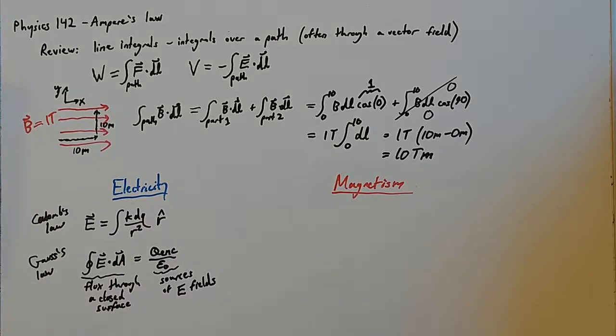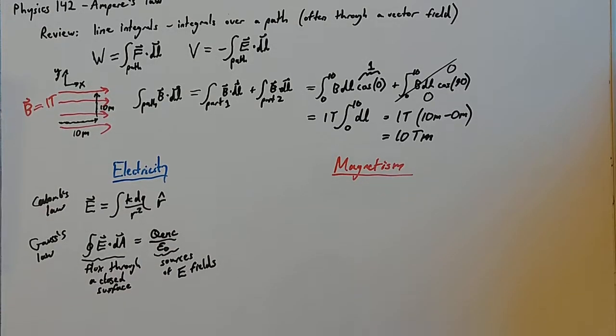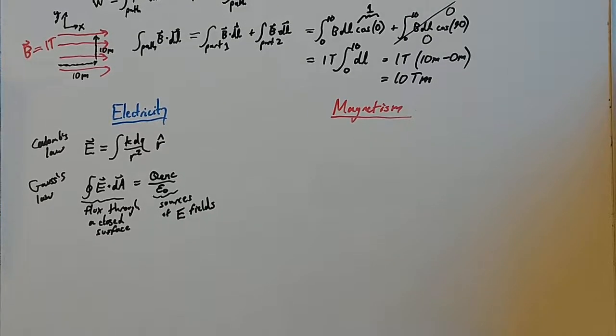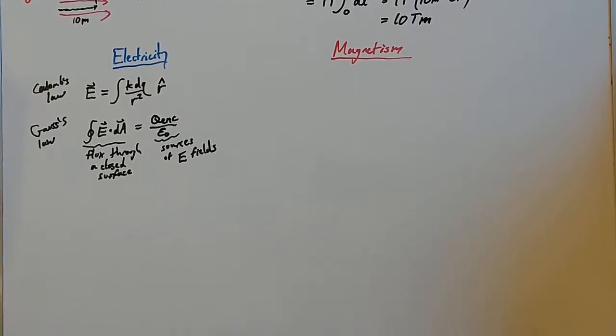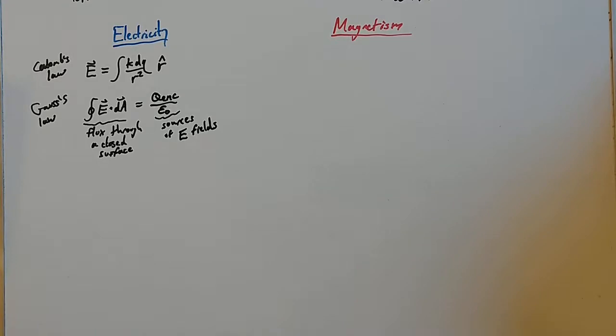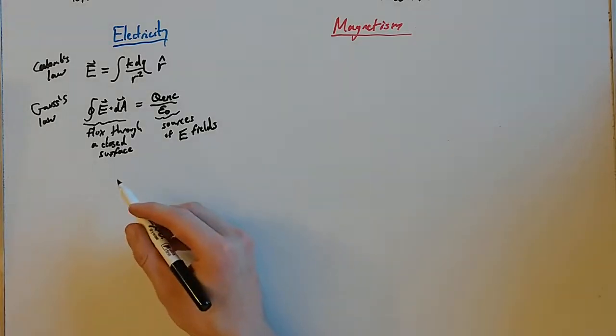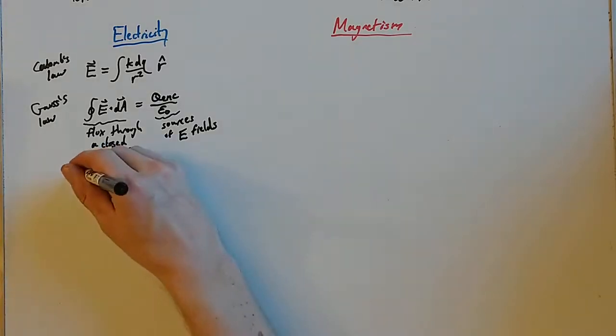I'm going to need a little more board space now, so I'm just going to move this up here so that we can really flesh out this comparison. For Gauss's law, the reason we used it is that it was a shortcut. Let's write this down.